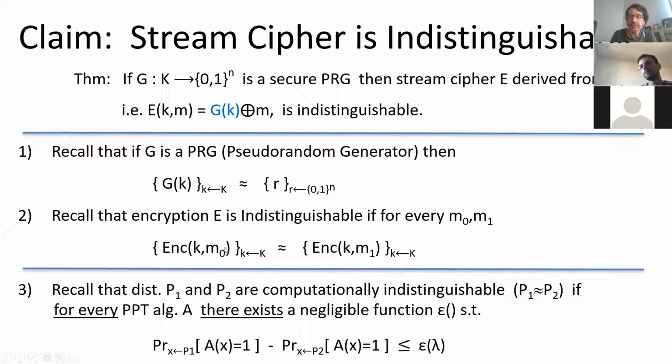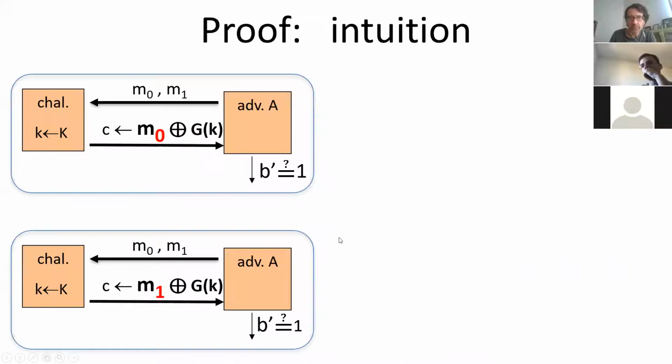I will replace this abstract encryption with this particular case, right? So what I have here is really G of k XOR M0, and what I have here is G of k XOR M1. So that's what I want to show, that G of k XOR M0 and G of k XOR M1 are indistinguishable. So here is the intuition of the proof.